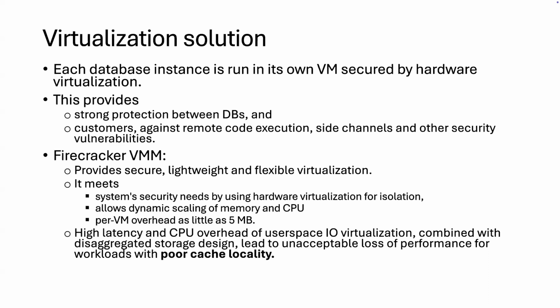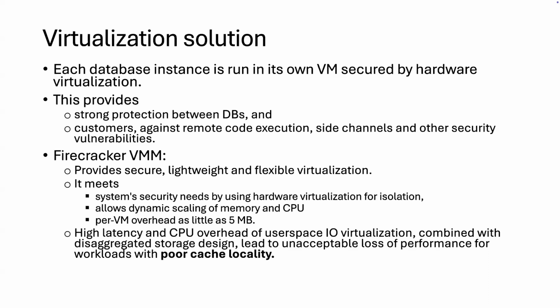The team tried the Firecracker VMM solution, which provides secure, lightweight, and flexible virtualization. This VM solution was able to provide the security they needed, dynamic scaling of memory and CPU, and per VM overhead as little as 5 MB.